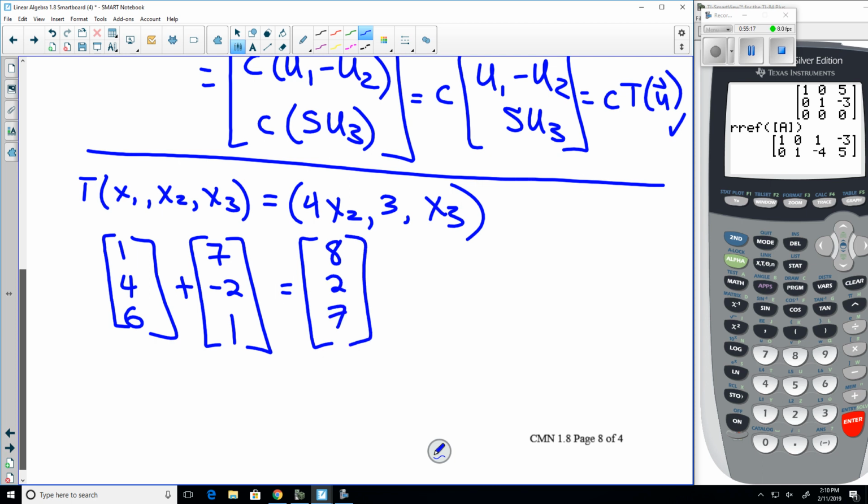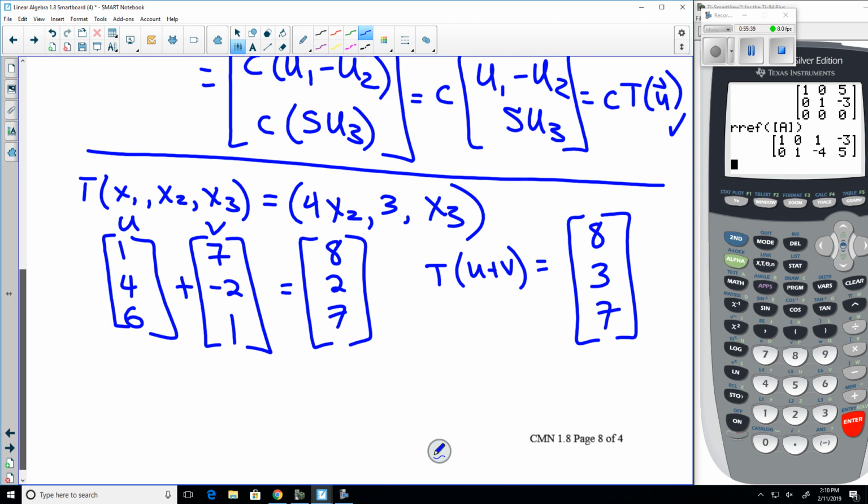So we'll call this our U and V. So what about the transformation of U plus V? It's 4x2, so 4 times 2 would be 8. And the second one has to be 3, and the third one is itself. So that's the transformation of U plus V.